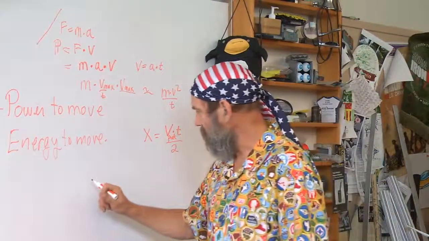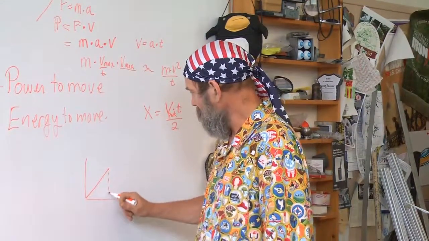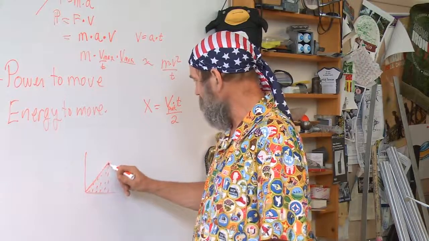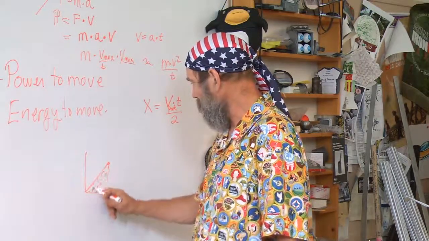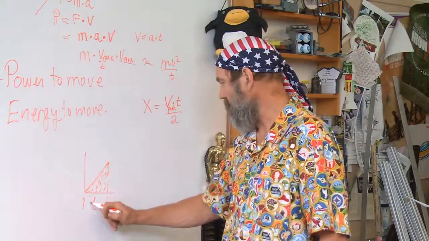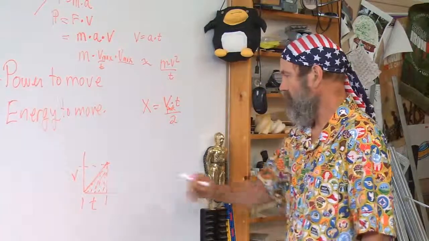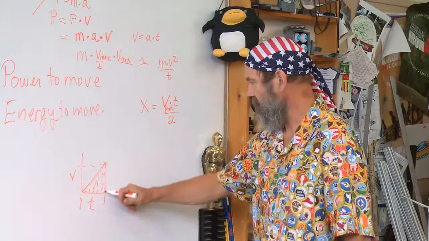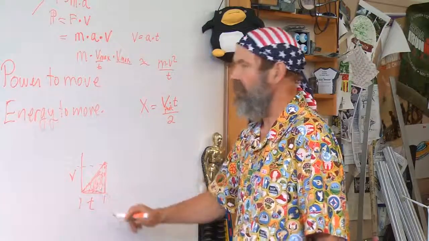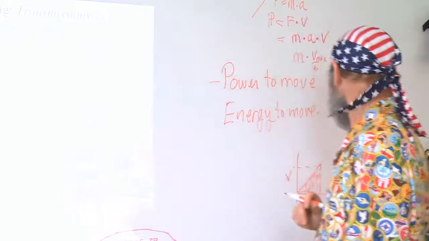Because remember, if you're going along at some velocity, the total area under this curve equals the distance traveled. So the peak velocity times the time over 2 is the area under this triangle. That will be the total distance I traveled, right?